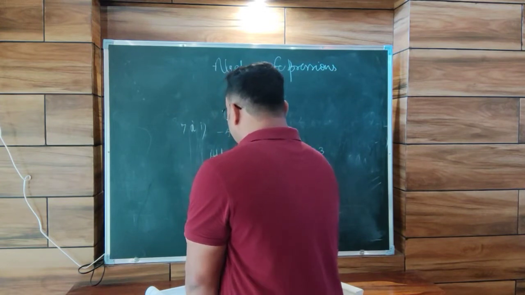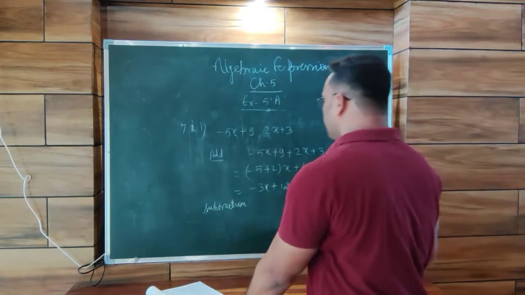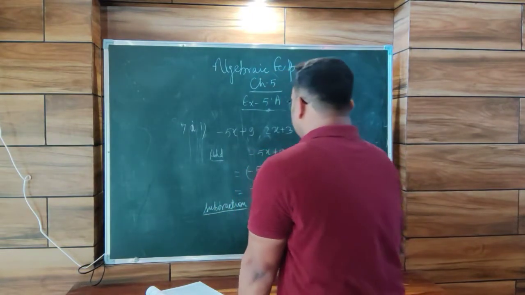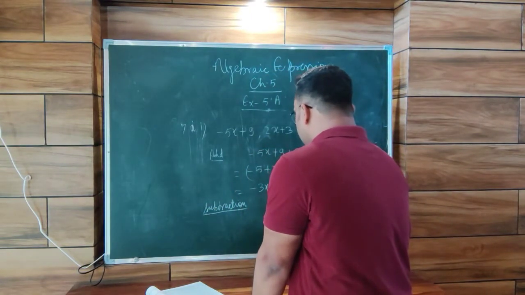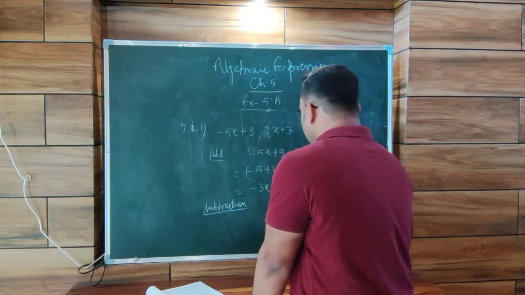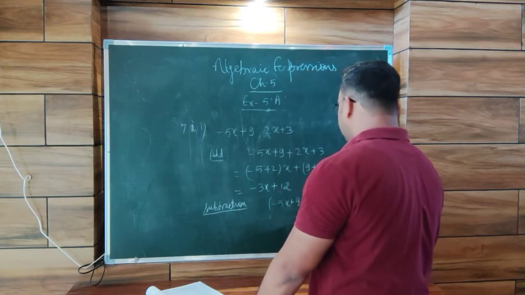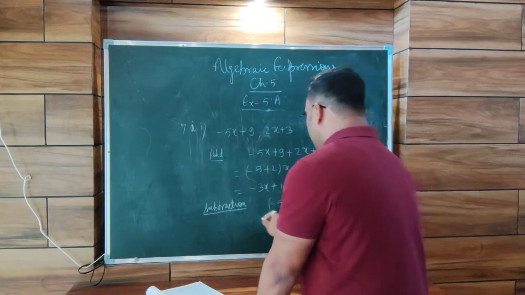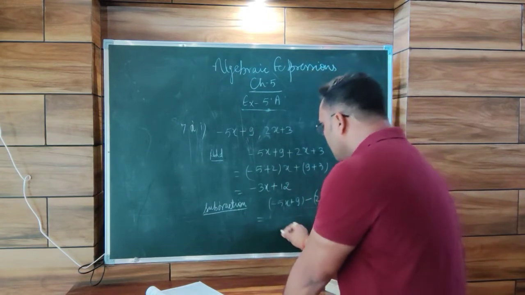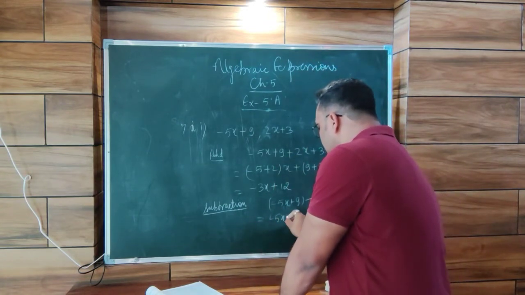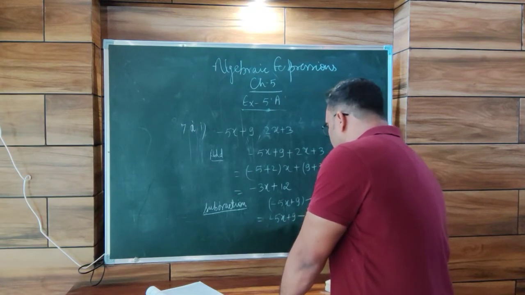It is said subtract the second from the first. So second from the first means minus 5x plus 9 minus 2x plus 3. The sign will be changed inside: minus 5x plus 9 minus 2x minus 3.